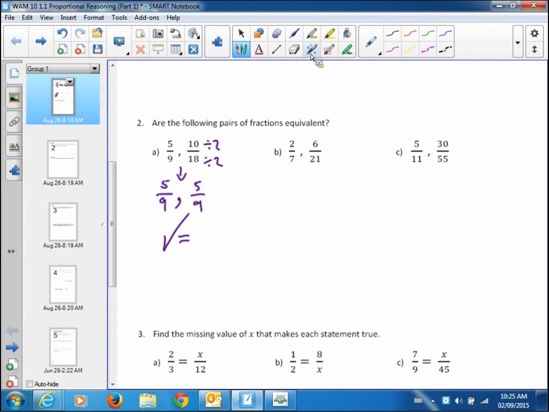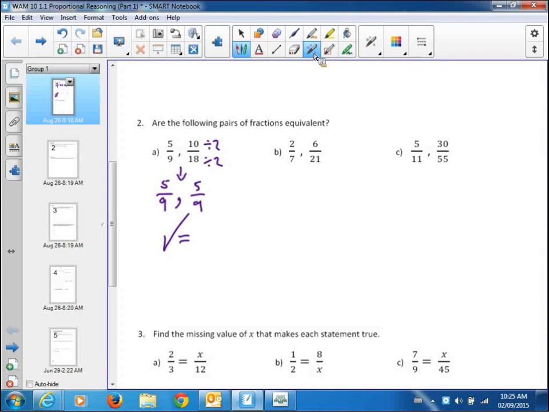Now this one. Can you turn a 6 into a 2 and divide by the same number and get 7 out of 21? If so, what's the number you're going to divide both top and bottom by? You see a number that works.